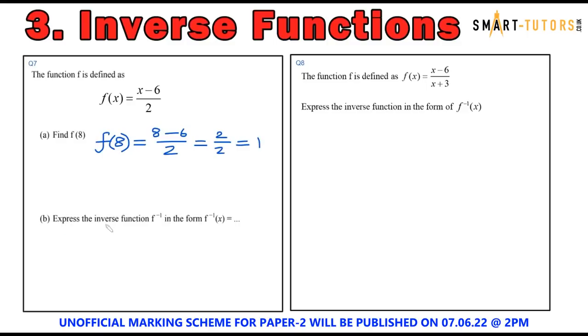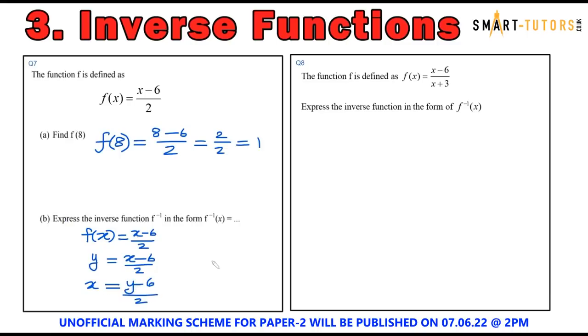Second one, express the inverse function f inverse in the form of f inverse x. So the f(x) function is (x minus 6) over 2. We are going to replace f(x) with y equal (x minus 6) over 2. Now x is going to be swapped to y, and y to x, so x equal (y minus 6) over 2.